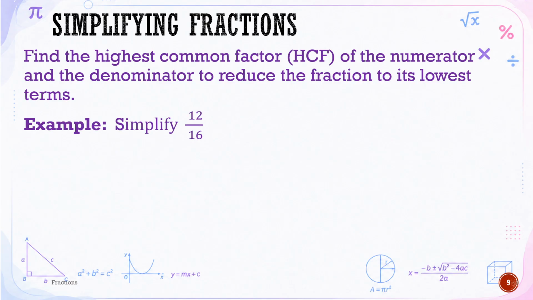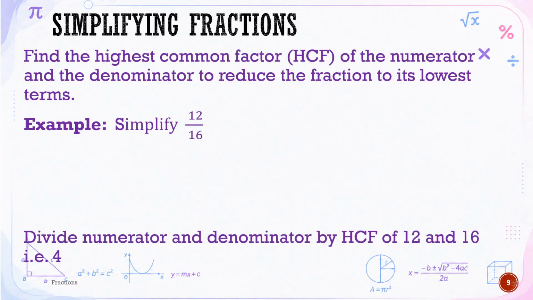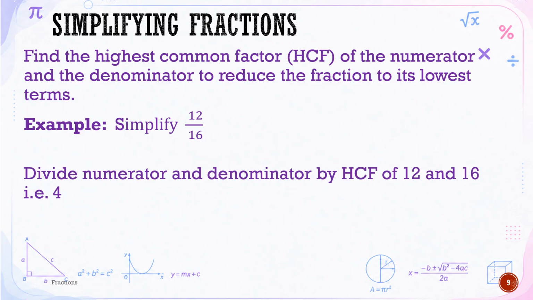Let's take an example of 12 by 16. I am to simplify the fraction 12 by 16. The method is to divide the numerator and denominator by the highest common factor of 12 and 16. The highest common factor of 12 and 16 is 4.